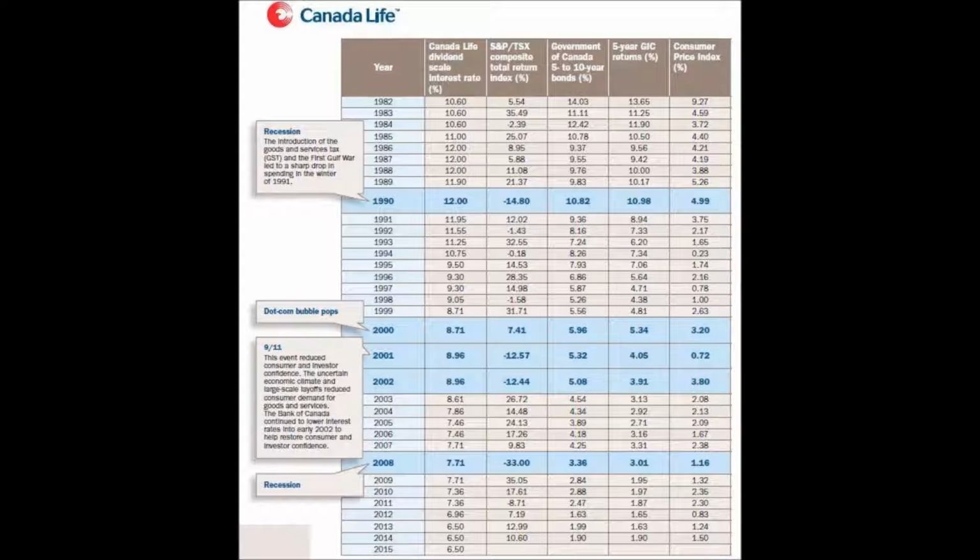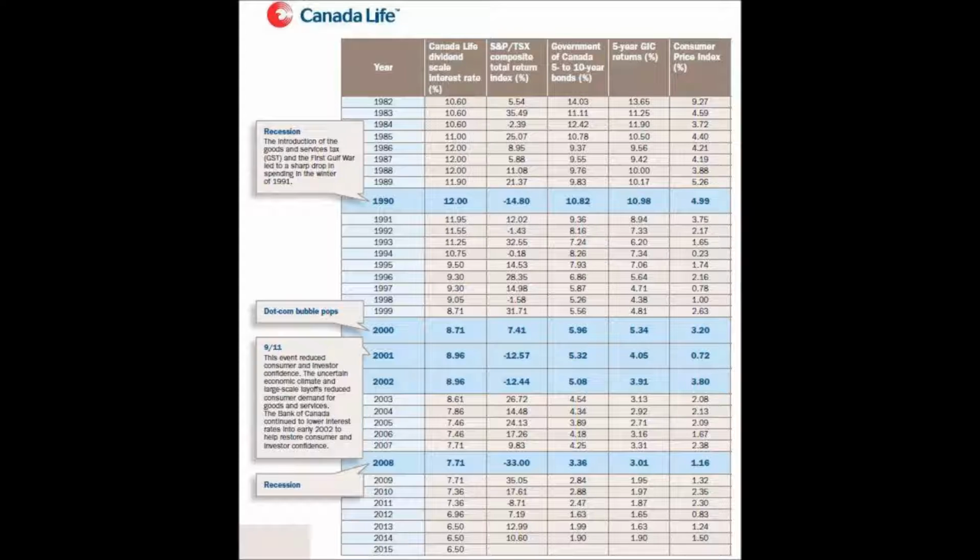So see how the recession in 1990 and the dot-com bubble popping in 2000, the 9/11 tragedy in 2001, and the recession of 2008 affected the markets. So the second column that you see there is the S&P and TSX composite. That's the market. That's Canadian market returns.